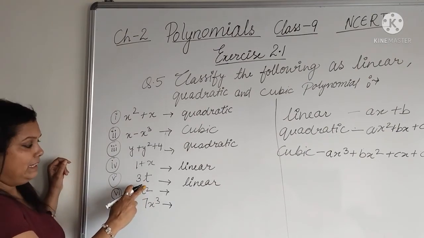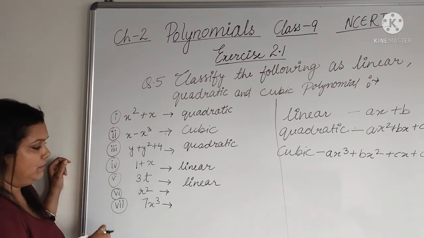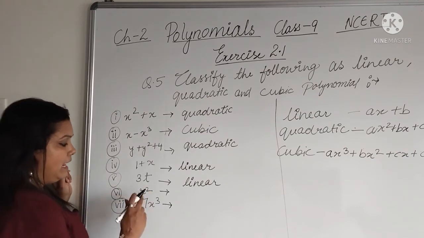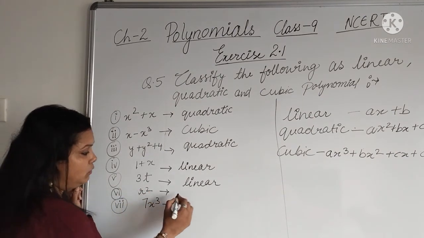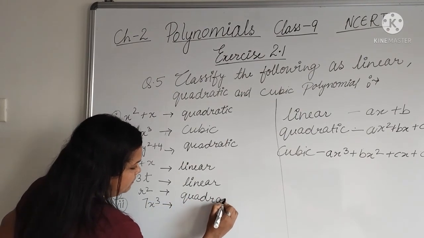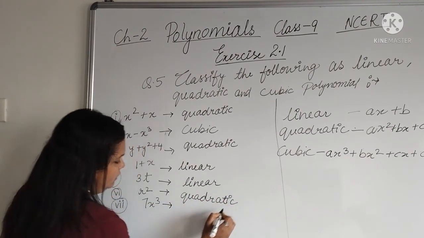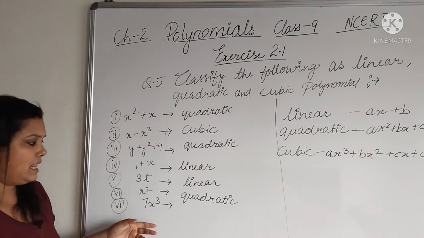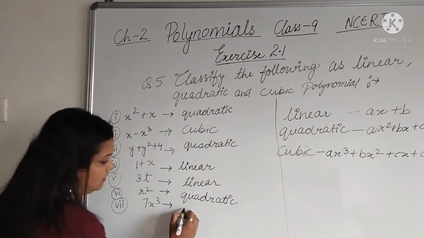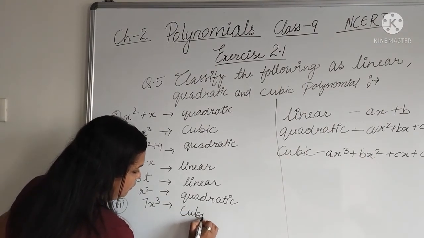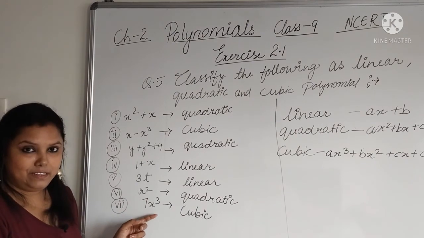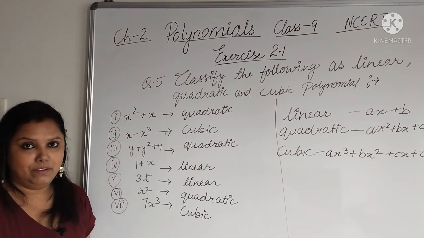Because the variable has got only one power. Now the next one, r square. That means the variable has got 2 power. That means it is a quadratic polynomial. And the last one, 7x cube. That means it is a cubic polynomial. Why cubic polynomial? Because the variable has 3 power.